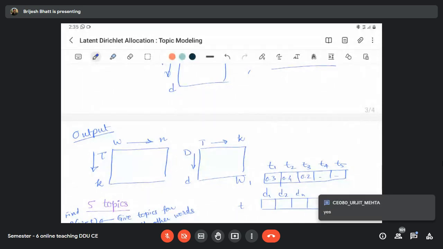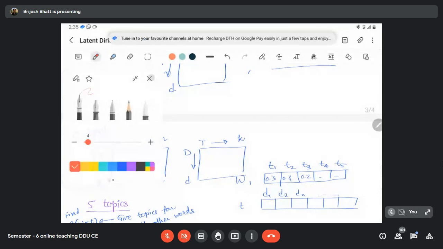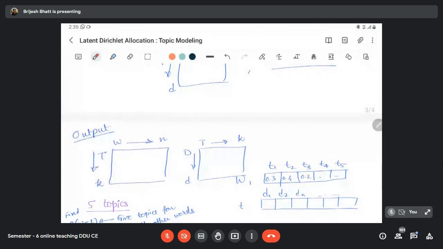And how do we do this? We start with this matrix, if you like this matrix representation.